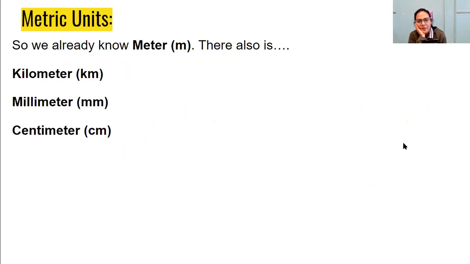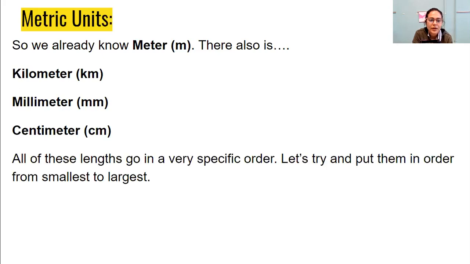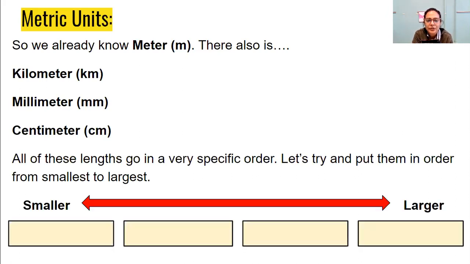So we already know a meter, and there is also a kilometer, a millimeter, and we also have centimeter. All of these lengths go in a specific order, and we're going to put them together from smallest to largest.